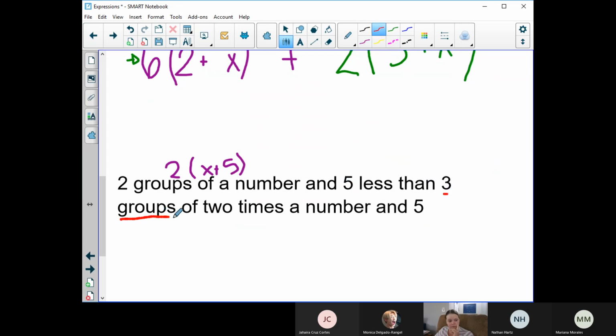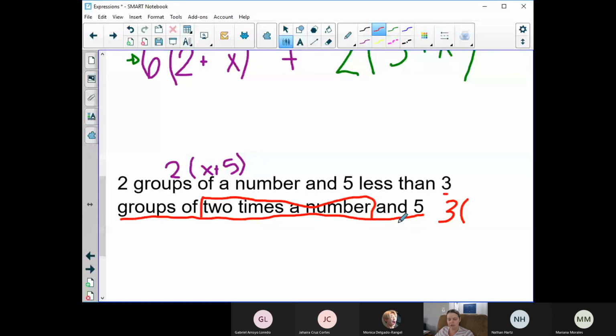3 groups of 2 times a number and 5. So we know 3 groups of means there's a 3 outside the parentheses. How would I write 2 times a number?